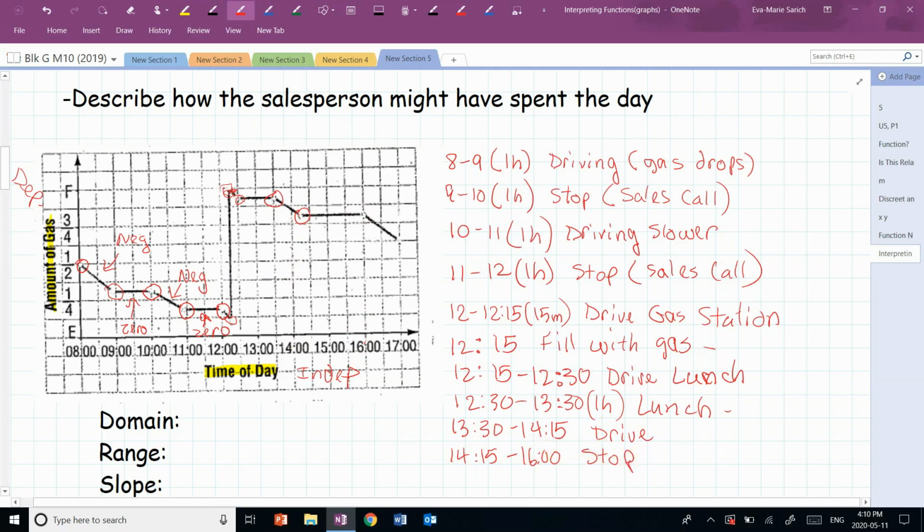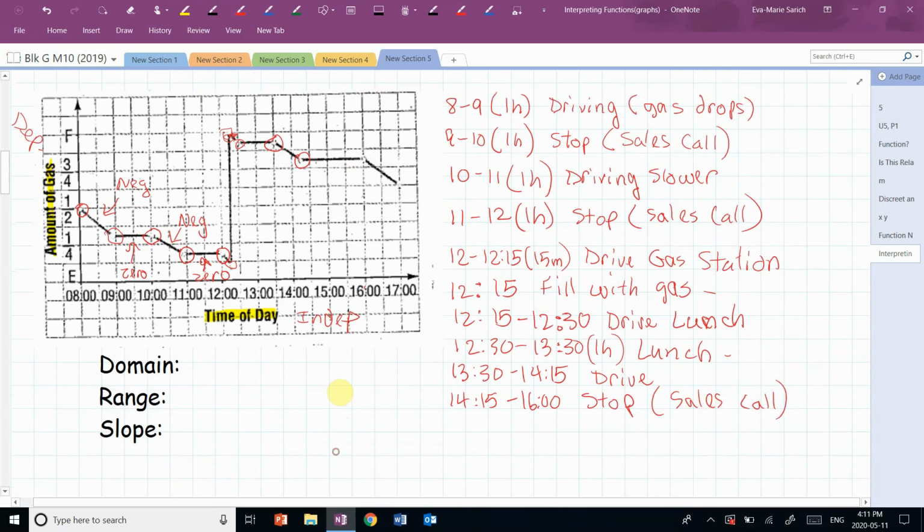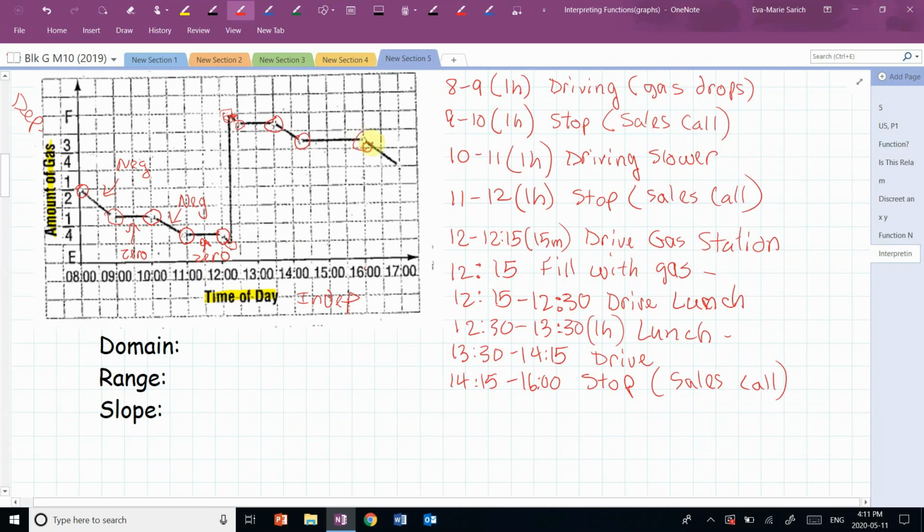And maybe the business person has gone for another meeting, maybe gone for another sales call and trying to sell whatever product he or she has. And then lastly, there's another section here from 1600 to 1700.